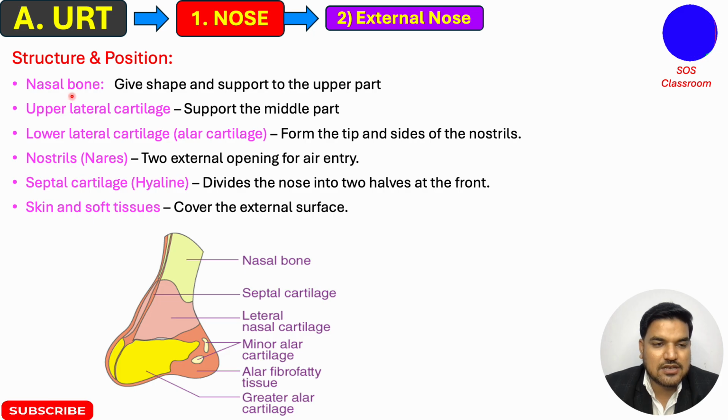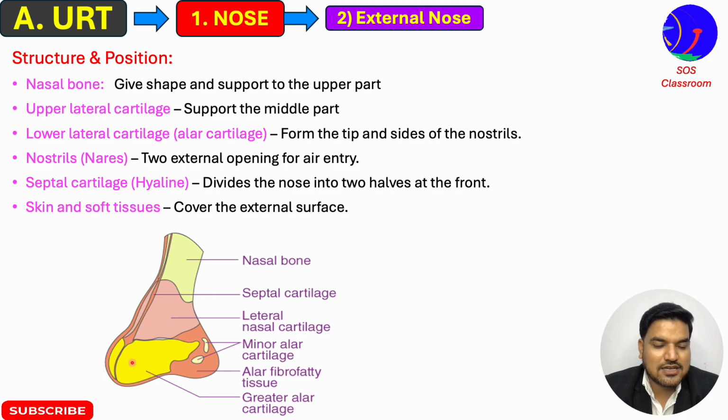First is the nasal bone. You can see these are the nasal bones. The nasal bone helps provide the size, shape, and support to the upper portion of the nose. These are the upper lateral cartilages, which support the middle part. Next, the lower cartilage, also called the alar cartilage. The alar cartilage is again divided into two.